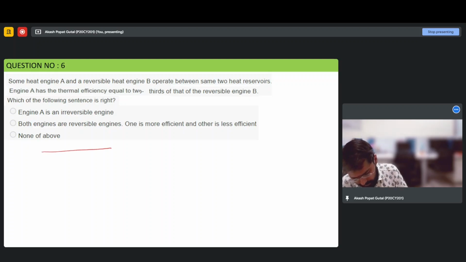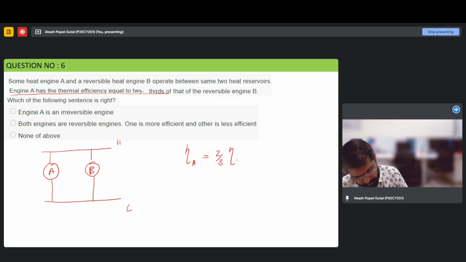So they have given that engine A and engine B are operating between the same reservoirs, and engine A has a thermal efficiency equal to two-thirds of that of the reversible engine B. The efficiency of engine A is two-thirds of the efficiency of engine B.